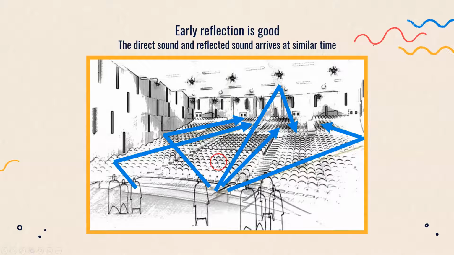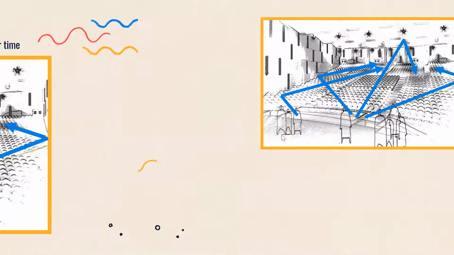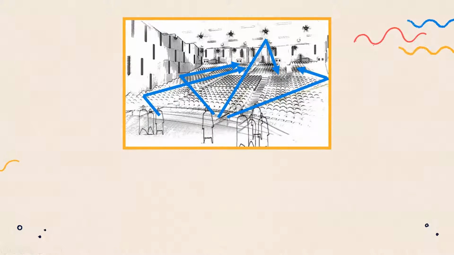If the reflection of sound reaches at a similar time with the direct sound, then it is acoustically good. But prolonged sound combined with direct sound creates reverberation and echo.